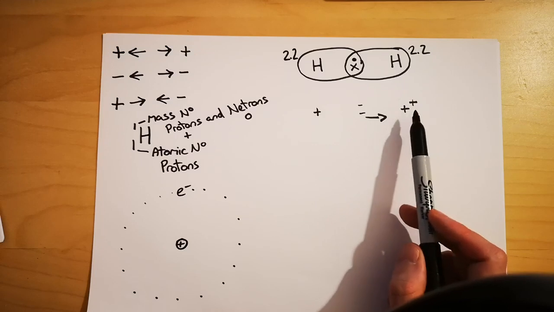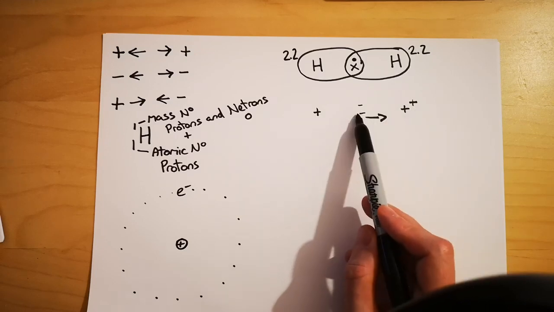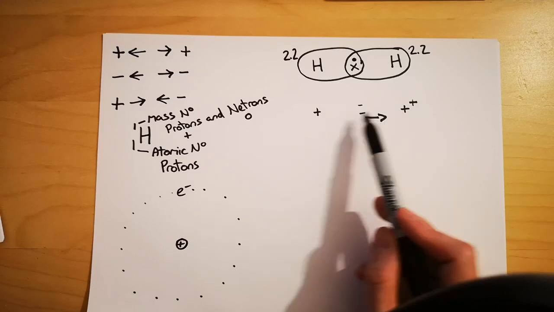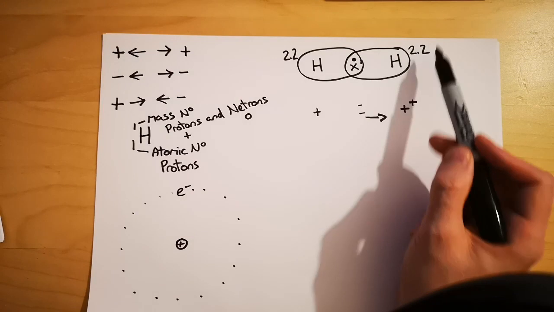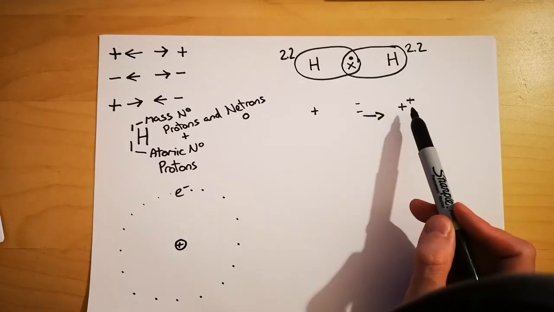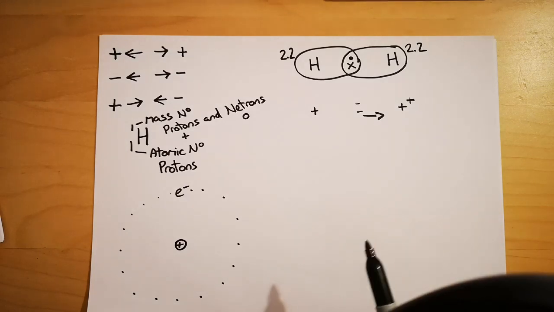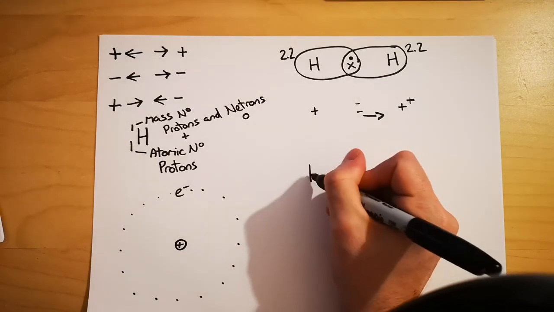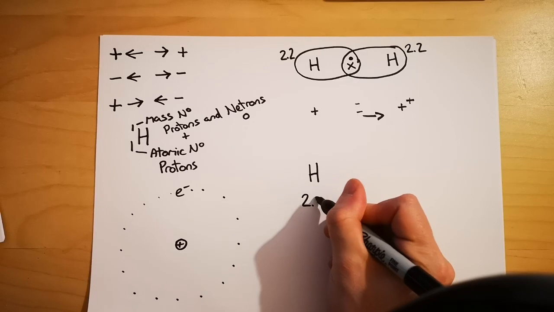Because I've added a proton here, or a positive charge here, I'm going to shift. I'm going to give this side more of this electronegative strength, and it's going to want to pull those electrons closer to that side.